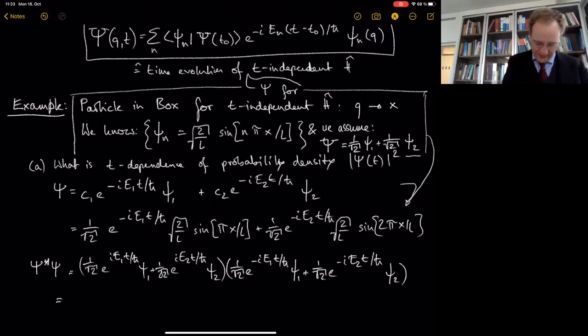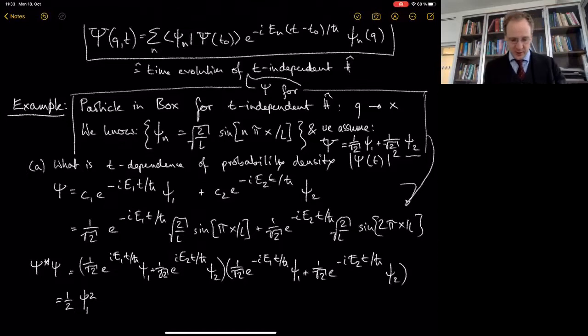So if we now factor this out, then we have 1/2, and we collect the eigenfunctions, right? So we have 1/2 psi 1 squared, and the exponential terms for the same eigenfunctions are the same and their inverse, so they become exactly 1. So we don't need to consider them.